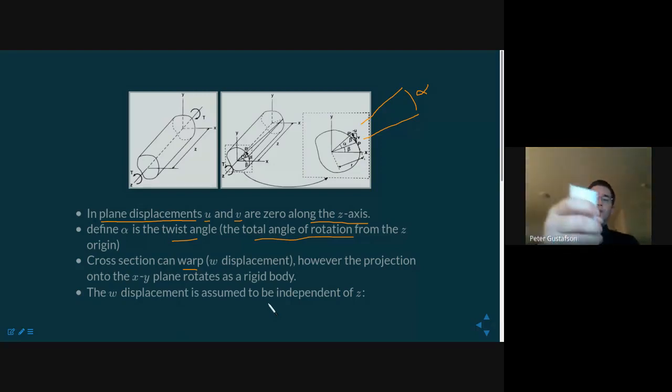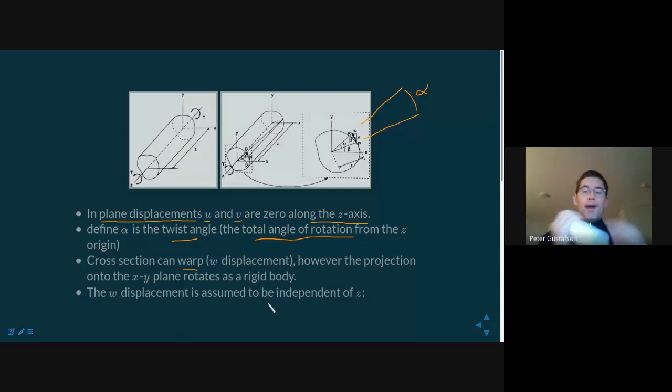Now, another thing that's interesting is if you take 2 points that start at the same spot, so if I were to hold my sheet of paper sideways here, and I had a point here and a point here, okay, front and back, they started at the same XY position in the cross section. So in this case, they're both at the top side.